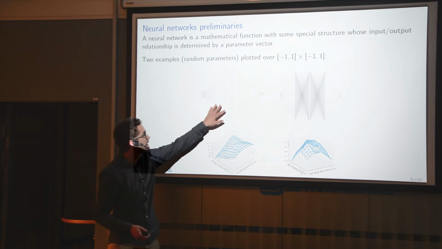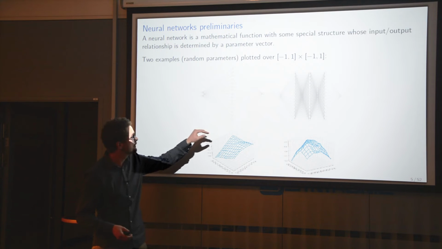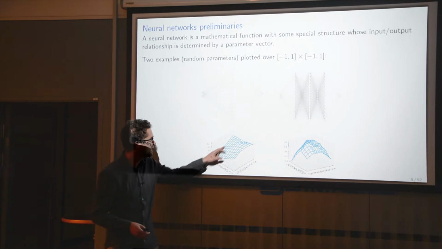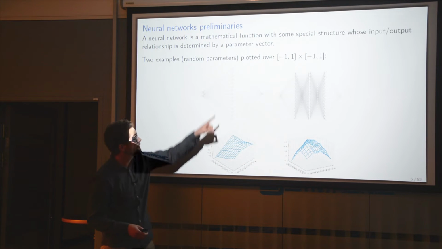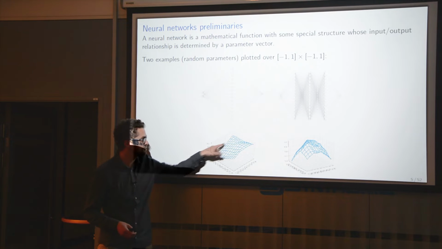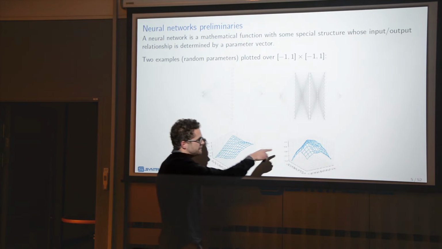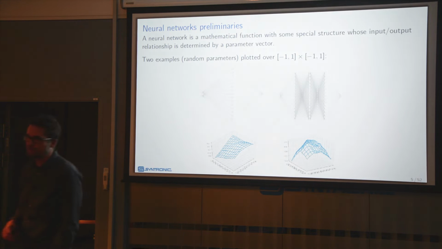And if we have random weights, the graph of this function in the unit square looks like this. And if we add two hidden layers, the function is more complex, and you get a feeling for, if you actually train this, you can approximate quite nice functions, or complicated functions.